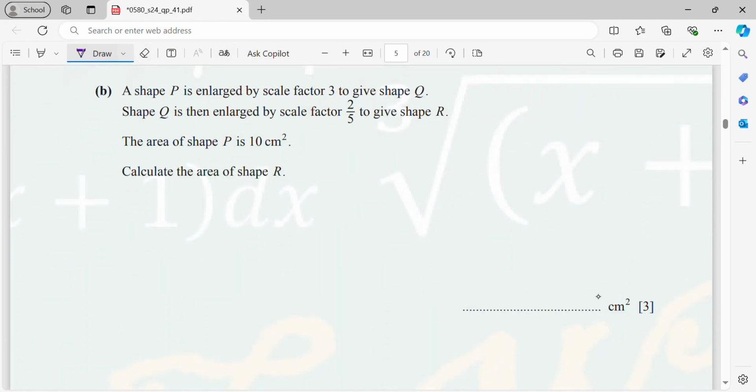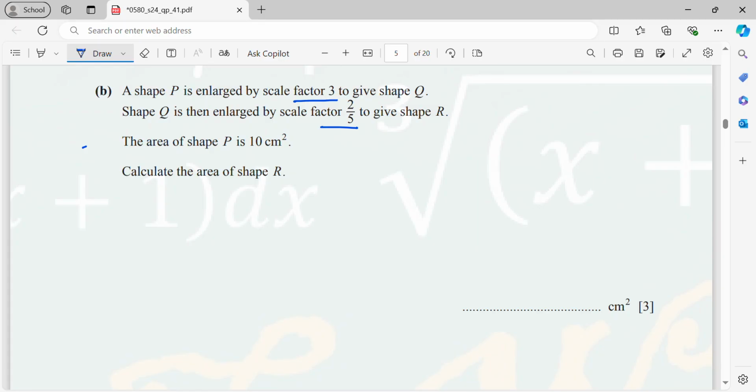Now B. A shape P is enlarged by scale factor 3 to give shape Q. Shape Q is then enlarged by scale factor 2/5 to give shape R. The area of the shape P is 10 cm squared.